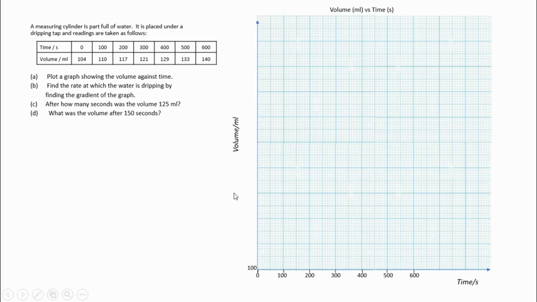We're just looking at the range of values, 100 to 140, and we want to spread that out along this axis so that it takes up more than half the page. So we could probably use 4 centimeters to represent 10 milliliters. Let's see. 4 centimeters, this would be 110, 120, 130, 140. That will work.